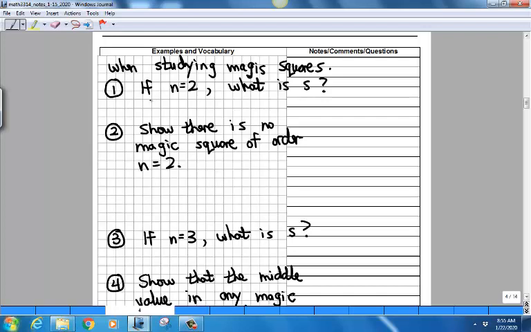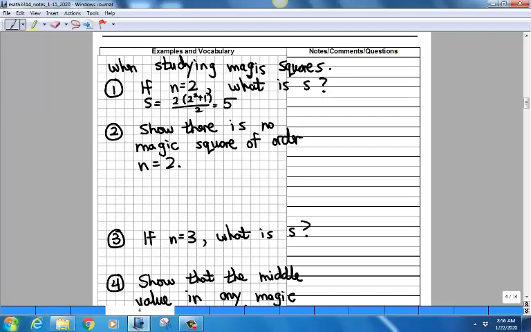What was our formula? You take 2, and then what? Yeah, 2 squared plus 1. Y'all are ahead of me, so you've already calculated it. It's 5. So if we had a magic square of order 2, then the magic sum would have to be 5.